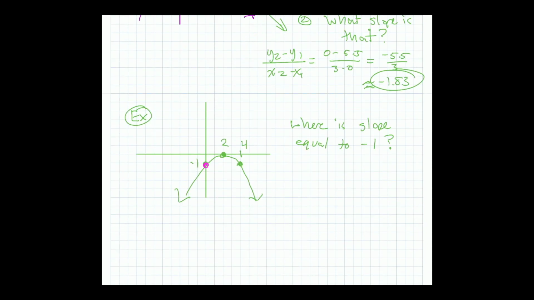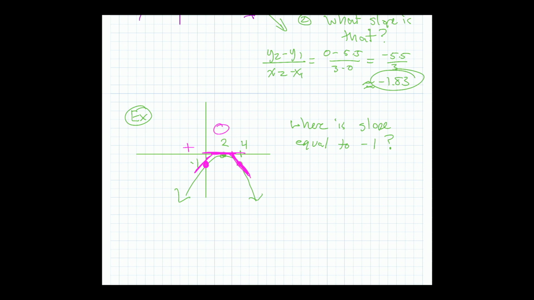Like, what can you say about the slope right here at -1? Well, the tangent line's like this, right? Is that slope positive, negative, or 0? It's positive, right? And what about here at 2? That's horizontal, so what's the slope? 0. Now what about here at 4? Slope's like that.